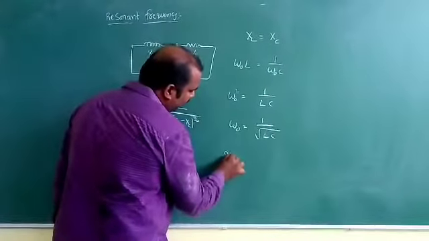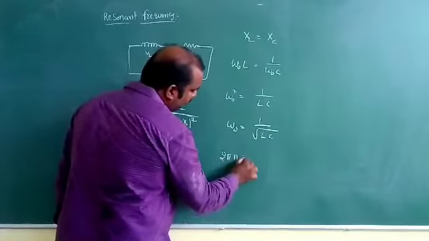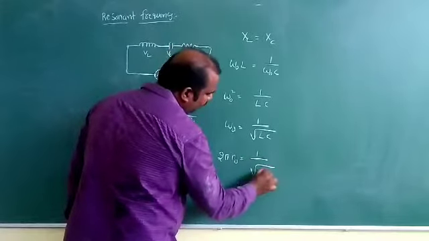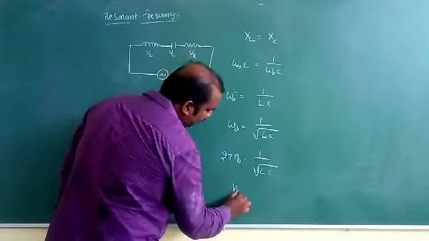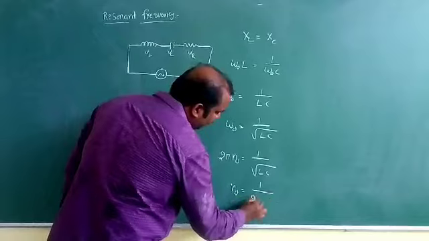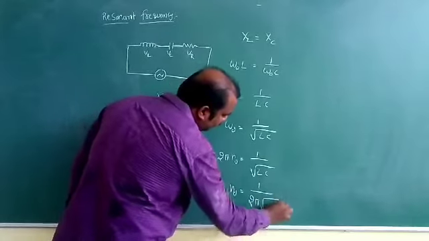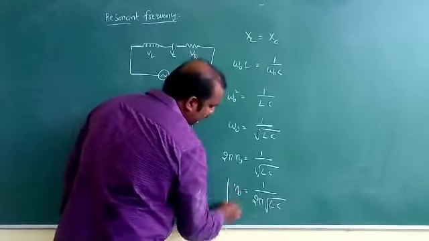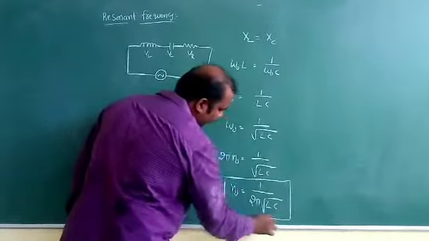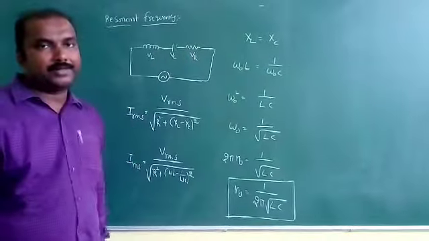Finally, you can also write 2 pi N naught is equal to 1 by square root of LC, and finally N naught is equal to 1 by 2 pi into square root of LC, and this frequency we call the resonant frequency.